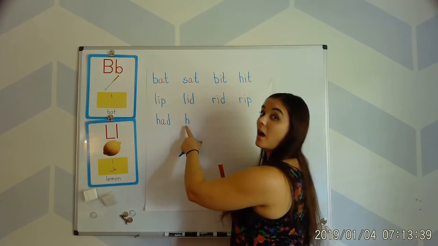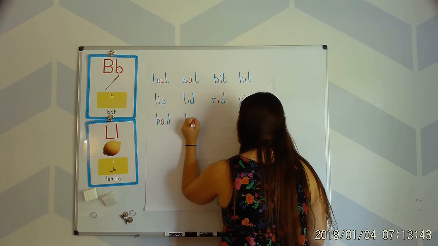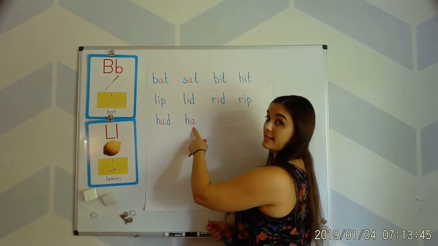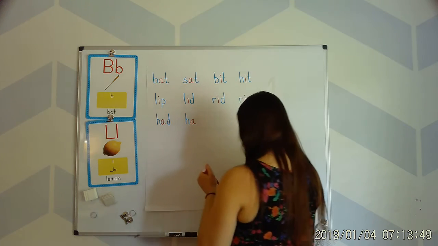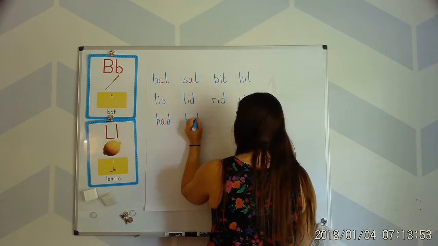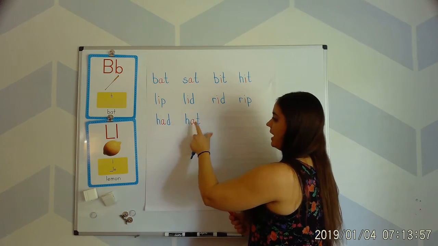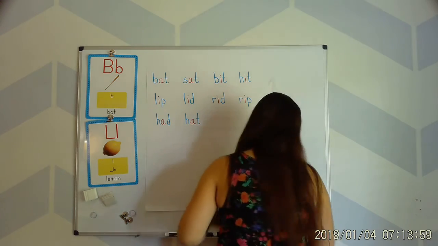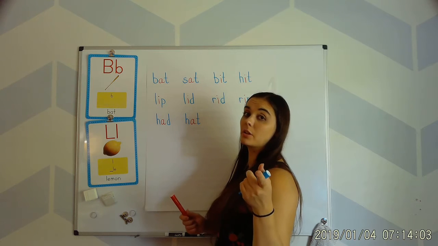H says h. A says a, h, a, ha. T says t, h, a, t, hat. And next word, hot, your turn.